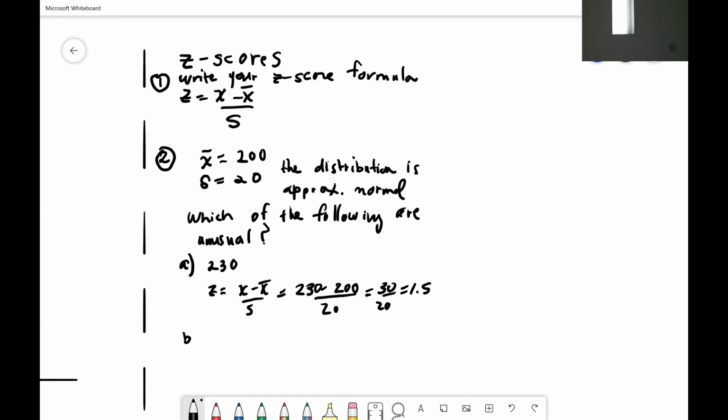So let's say I give you B and I give you 245. Z equals x minus x bar divided by s, right? So 245 minus 200 divided by 20, that's 45 divided by 20, which is 2.5. And this one you say it's unusual.